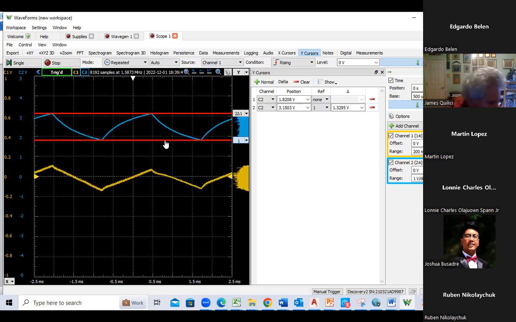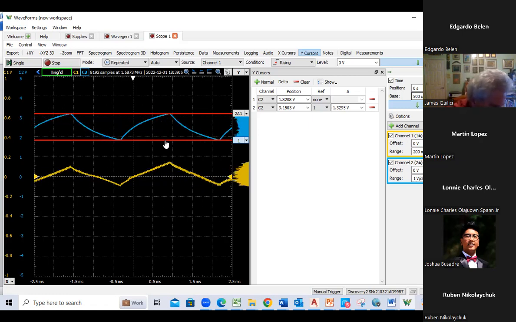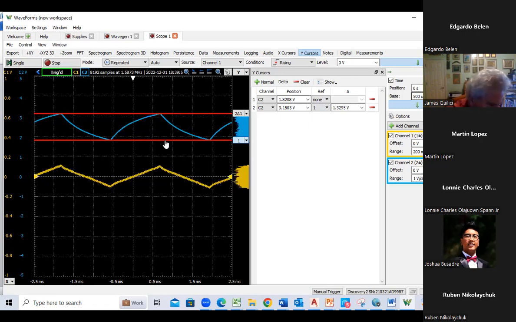Okay. This next question says, justify that your amplifier circuit has bias stability against variations of beta and temperature. That one, I'm drawing a blank right now. I know we've answered that before.